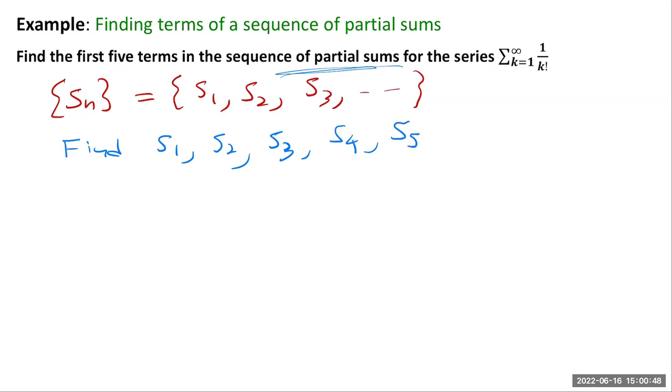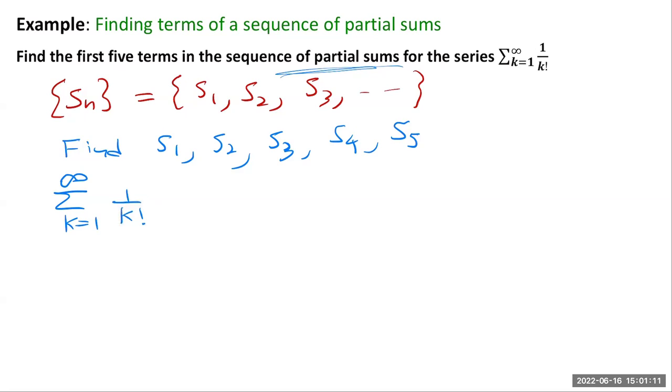How do you find this? Well, to find that, I'm going to write the expanded version of this series, okay? The given series is sigma, k goes from 1 to infinity, of 1 over k factorial. Notice that we discussed what we mean by k factorial.